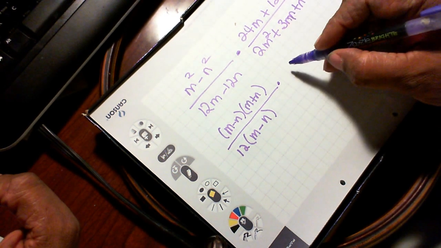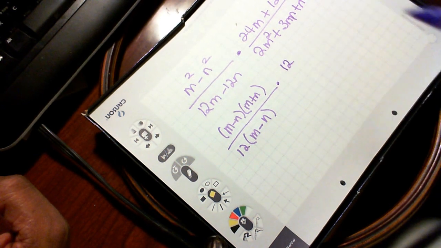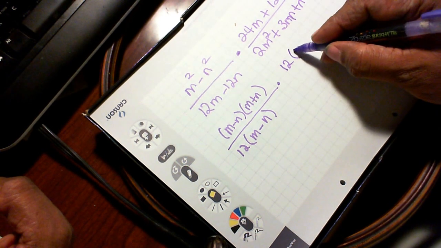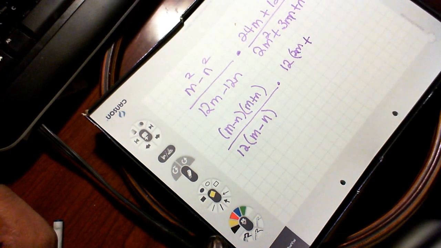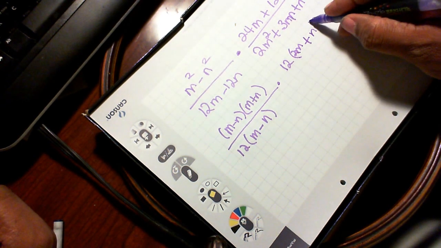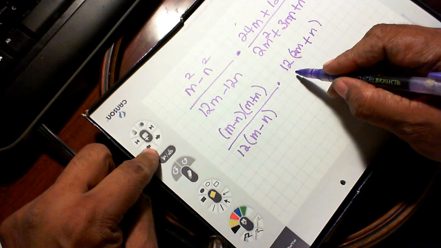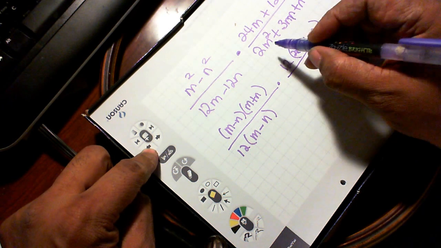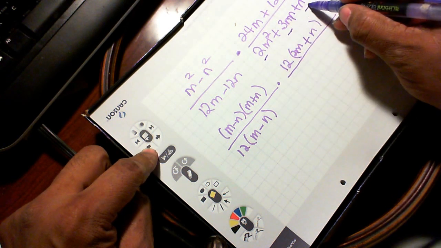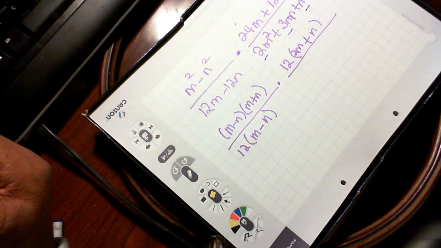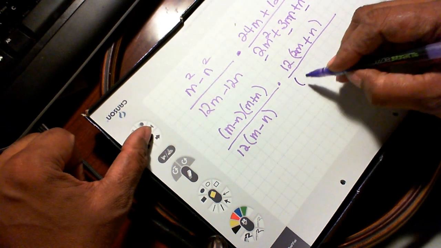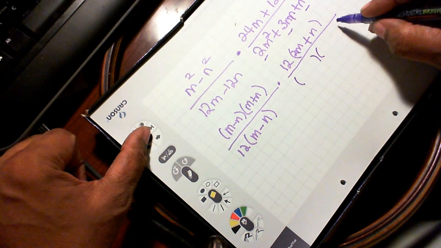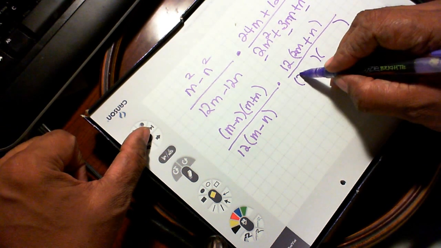Here we can factor out a 12, 2m plus n. Divide by. Now here we need to factor this out. I'll let you think about this for a second. I'm going to 2m.